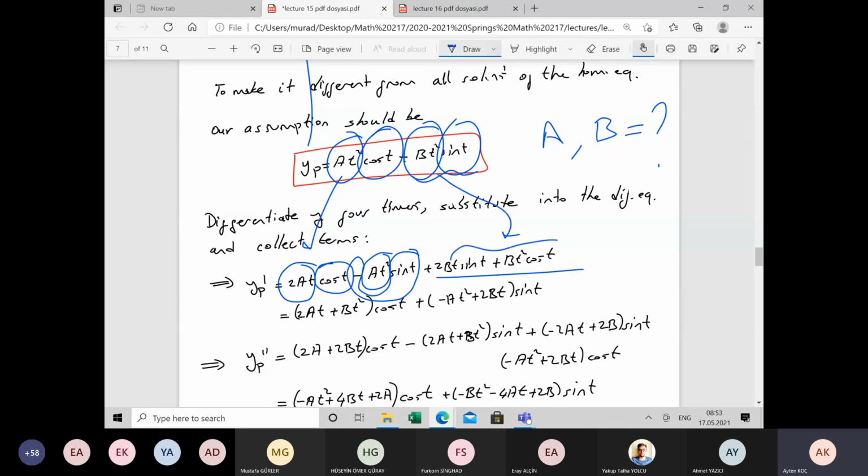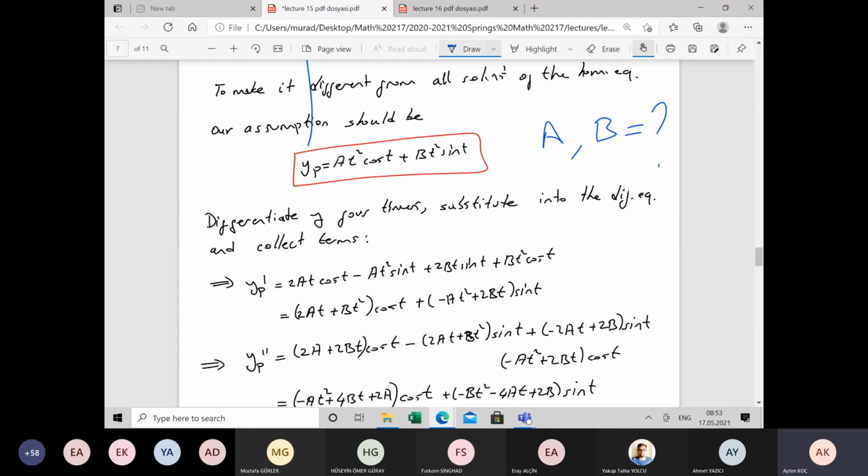It's okay. So we obtain y sub p prime. It will be better to compute y double prime with cosine t as a common factor, and we obtain this one and this one. Then we differentiate with respect to t again, using the product rule, and then we obtain this one.